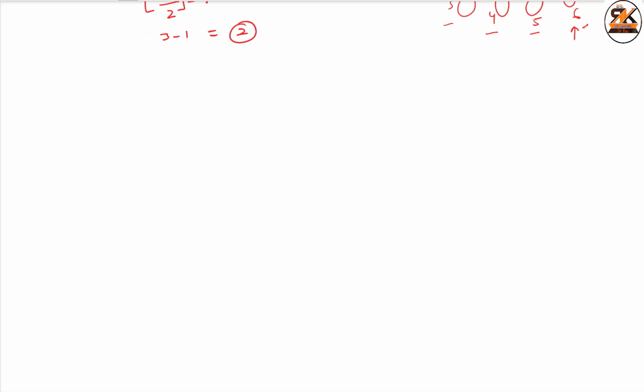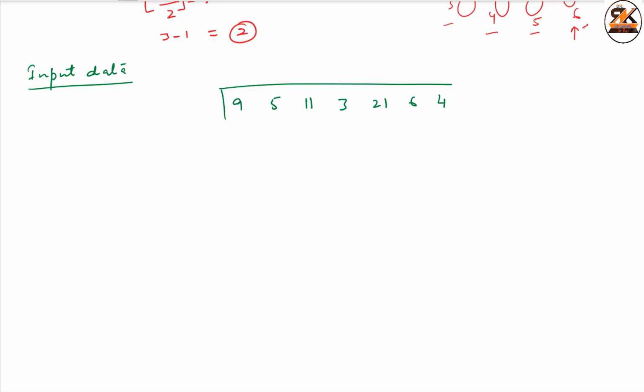Now for example, we are given the input data as 9, 5, 11, 3, 21 and 6. Let's take another element, say we take here 4. Okay, and this is the input data. The indexing is like 0, 1, 2, 3, 4, 5 and 6.